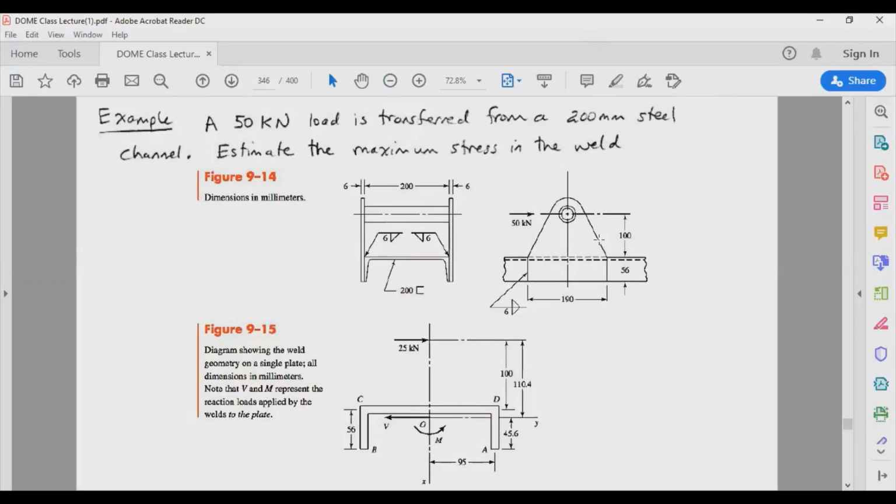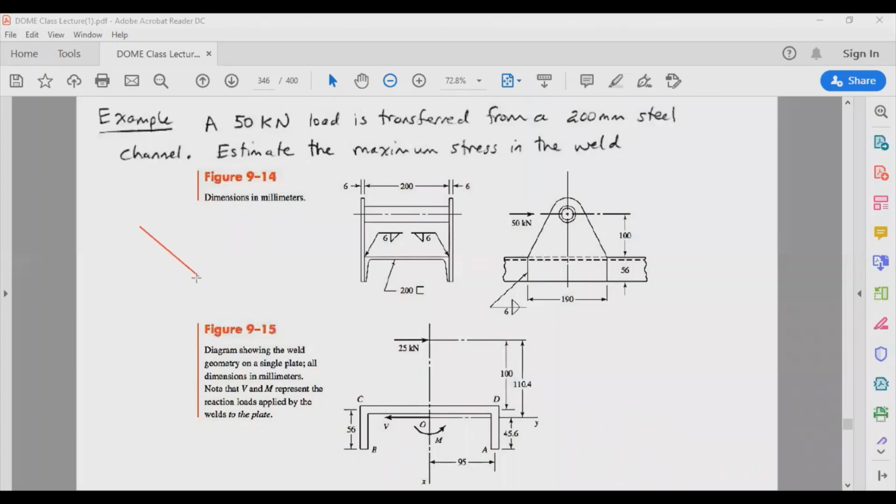Here what we have is this C channel, and that C channel is being held by this part. You have this cylinder over here, and this plate right there. Let me try to draw a 3-dimensional figure of this. So essentially, this is what we have over here.